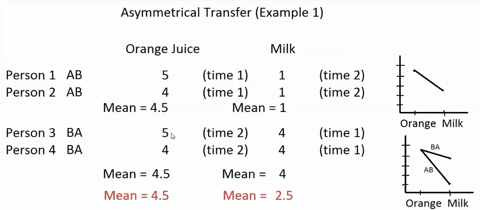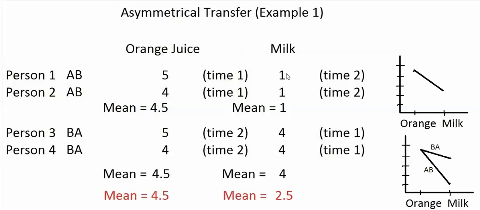When these two participants tasted the orange juice at time 2, they also gave high ratings to the orange juice because the orange juice tasted fine. The taste of the orange juice wasn't affected by having milk at time 1. If you drink milk first and then drink orange juice second, the milk won't affect the taste of the orange juice very much.